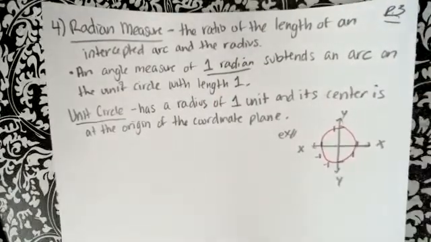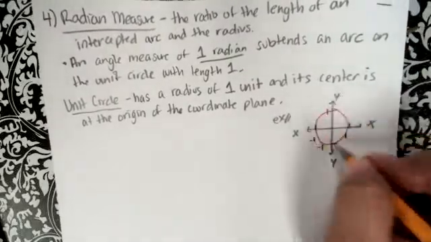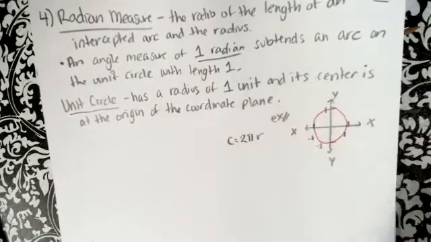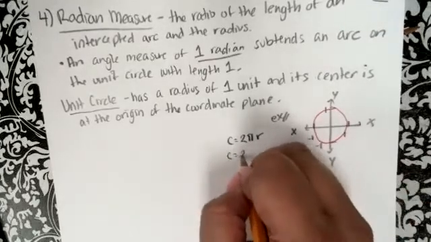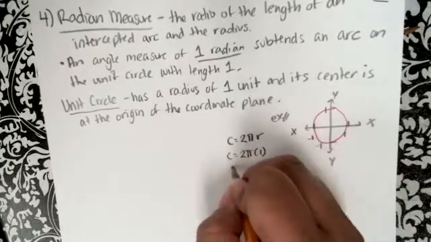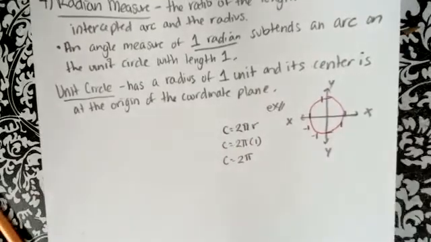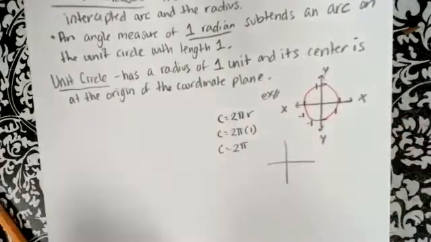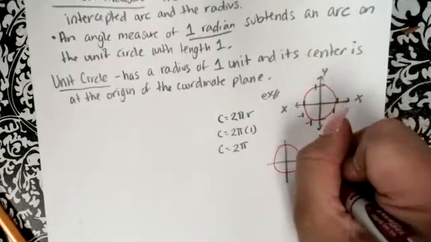That's the unit circle. Now, keep in mind, if we were talking about the circumference of a circle, the circumference is equal to 2 pi r. And in this case, our radius equals 1. So the circumference is equal to 2 pi times 1, which is just going to be 2 pi. So when we're talking about our unit circle, the distance all the way around is equal to 2 pi.